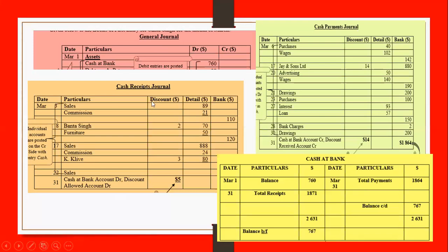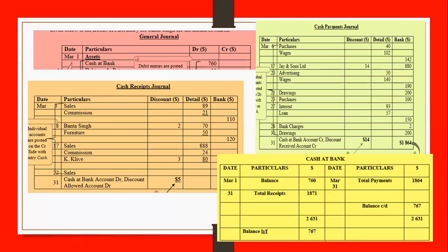Cash receipts journal, total debit, entries credit. Cash payments journal, total credit, entries debit. Three different journals with three different rules.